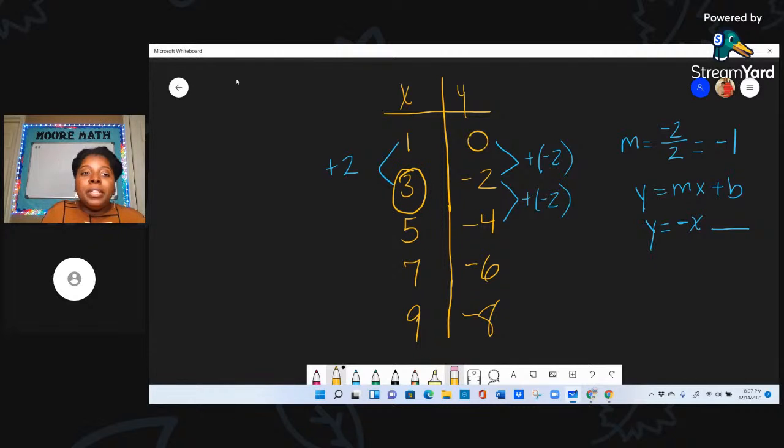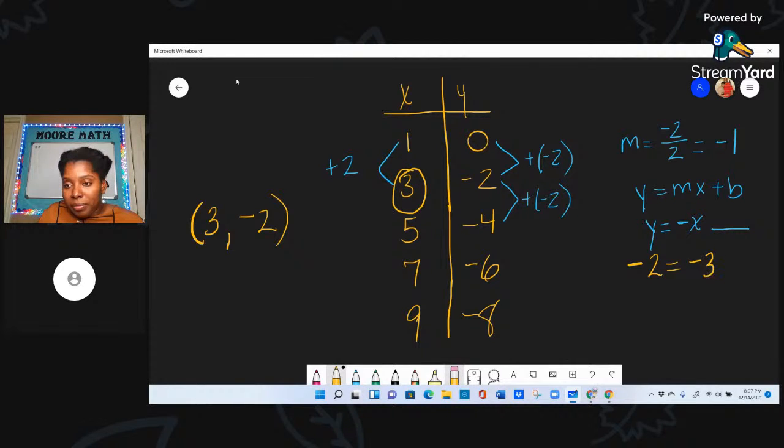If I input 3, my output should be -2. So I'm looking to get a -2. I input 3. This was a -x, so it's going to say -3. And I'm doing something, either adding or subtracting, to get -2.